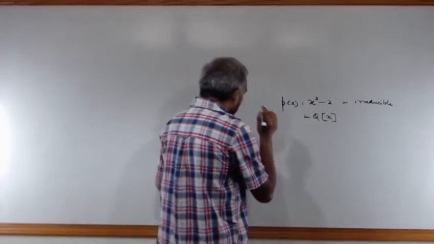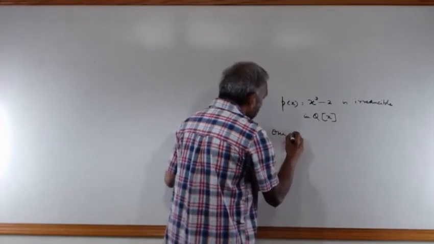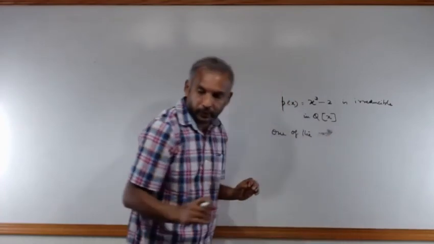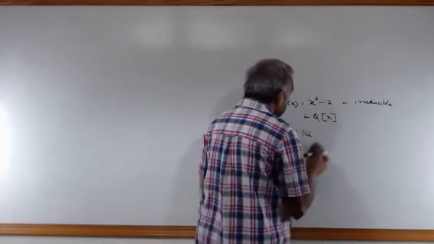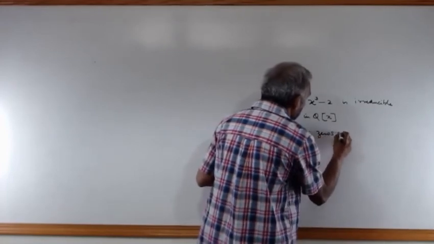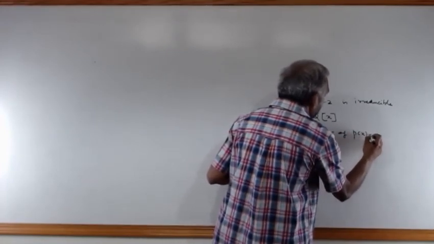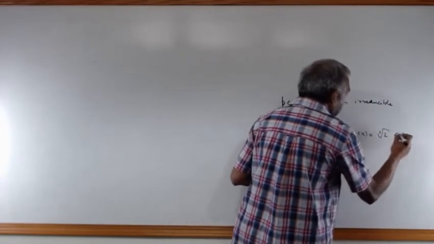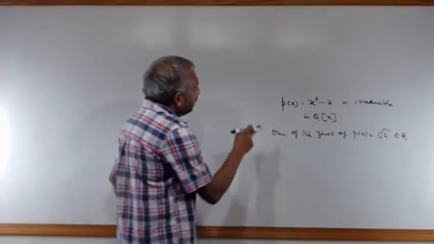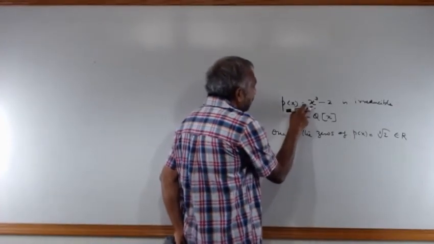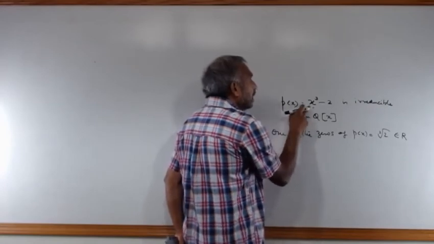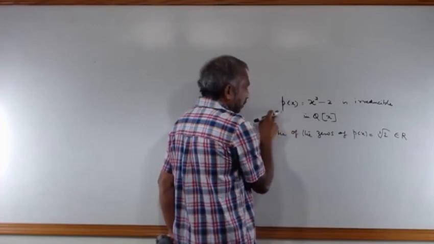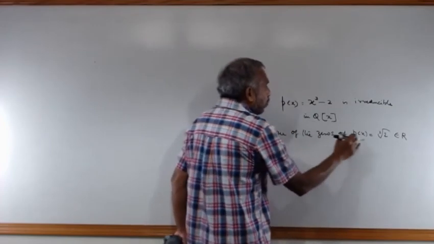And one of the roots or zeros of p of x is cube root of 2, and this is a real number. This is a polynomial of degree 3, so there are at most 3 zeros for this polynomial, but there is only one real root.